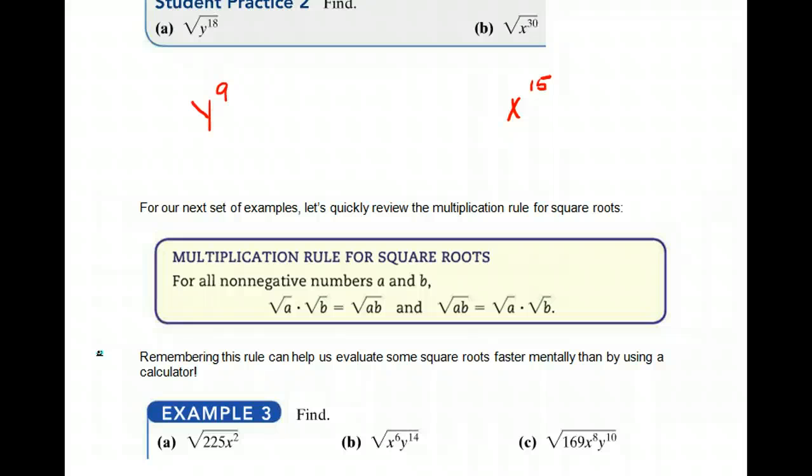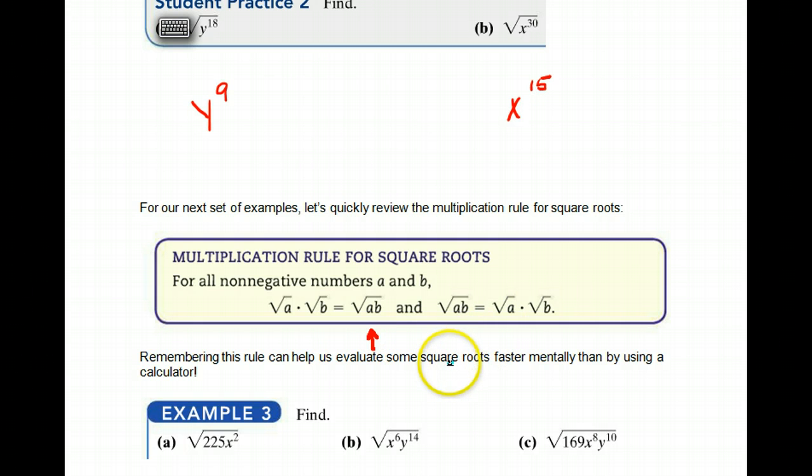What this rule says is that if we have 2 radicals that are being multiplied, the square root of A times the square root of B, we are permitted to combine those radicals and make it one big radical, the square root of a times b.